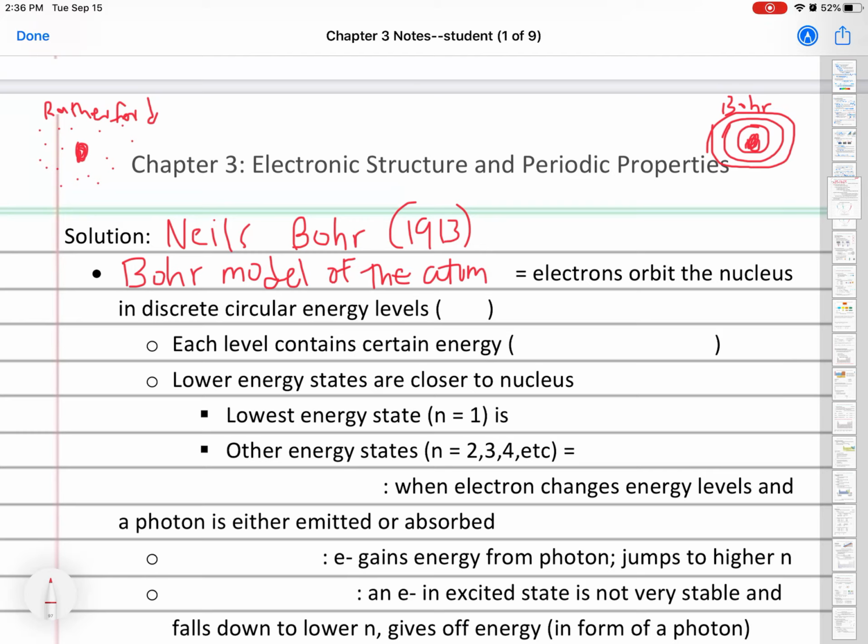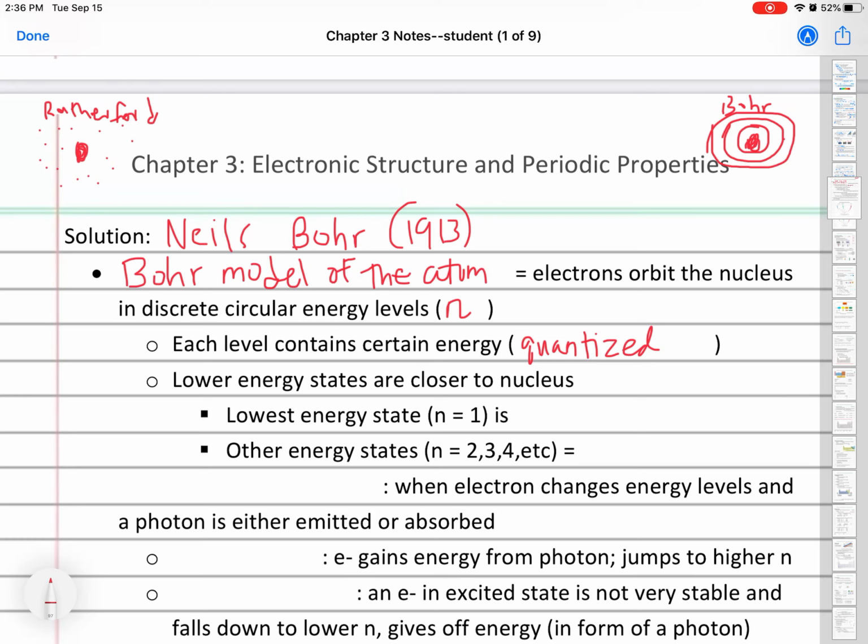And we number these energy levels, and we call the energy level, for short, N. So you can have an N of 1, or an N of 2, or an N of 3, and so on and so forth. He said that each level contained a certain energy. In other words, he said that the energies were quantized. That electrons couldn't exist between levels.